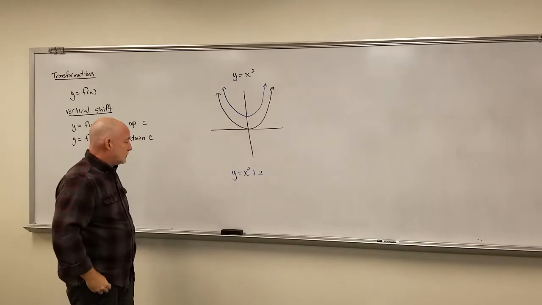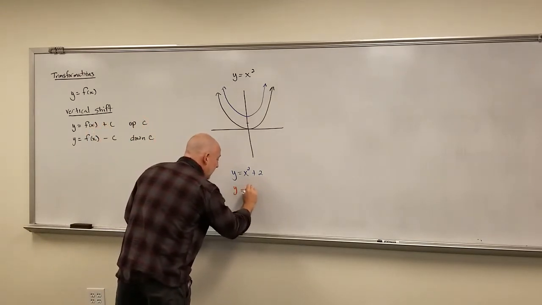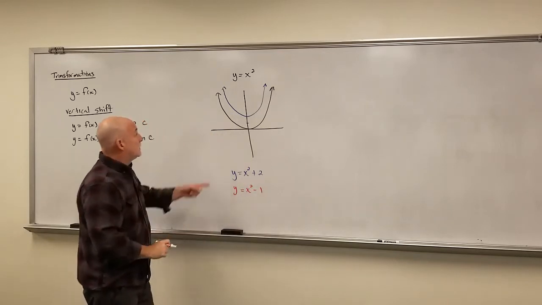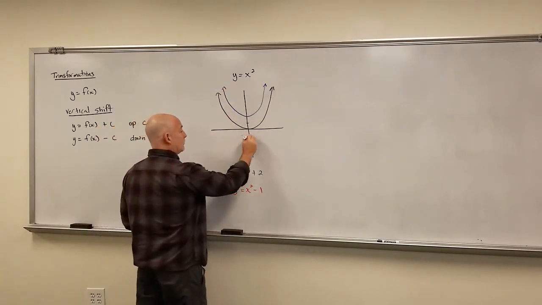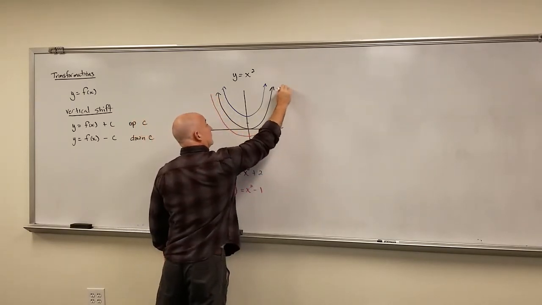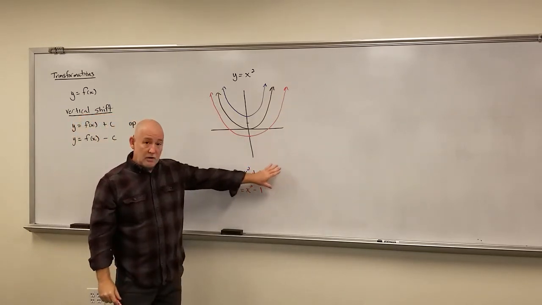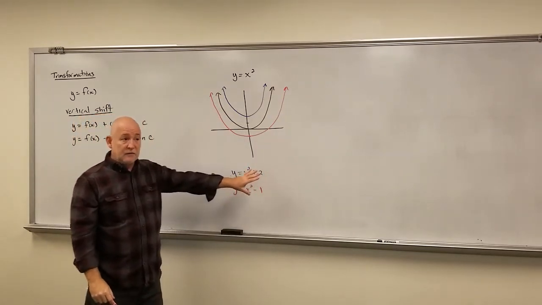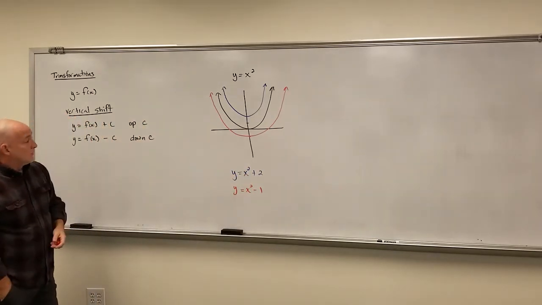Now, of course, if we subtract, let's say y is equal to x squared minus 1, that would take our original x squared and shift it down by 1. So it would look something like that. So if you have a number on the end of the function that's either added or subtracted, that's a vertical shift, which shifts it up and down.